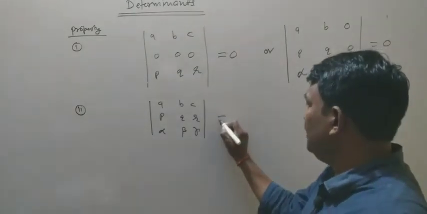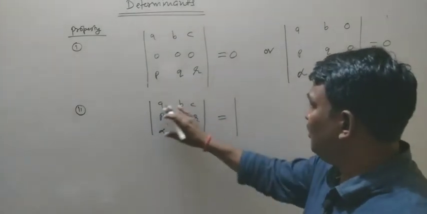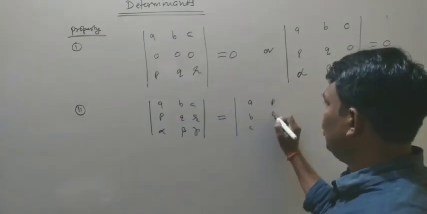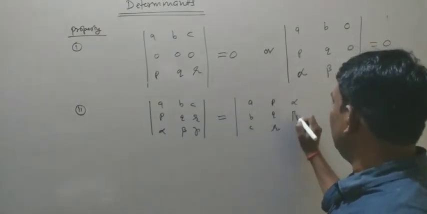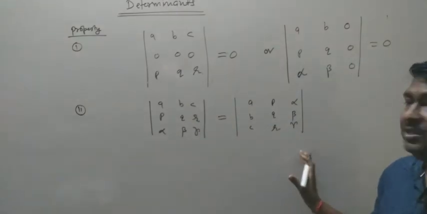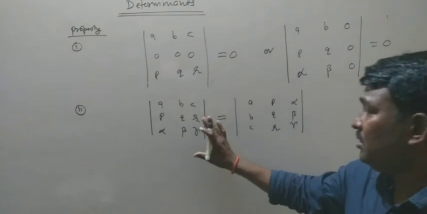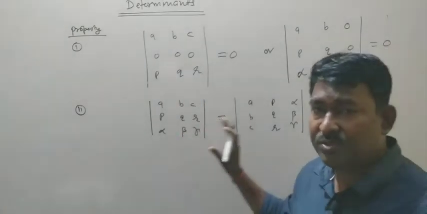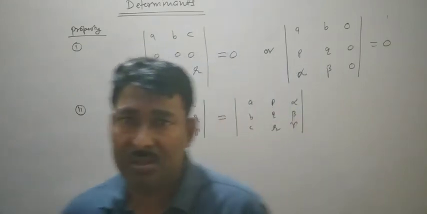For example, this will be equal to the one where all rows become columns: A, B, C, here P, Q, R, alpha, beta, gamma. So this is the second property. In other words, if we take the transpose of any determinant, then its value will not change.